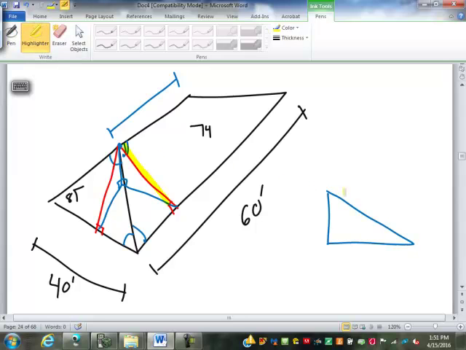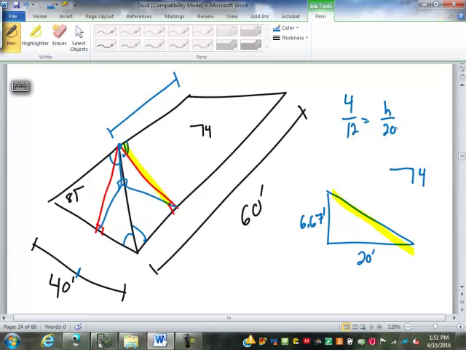So I know this bottom here is 20 feet, half of this, right? And this is a 4/12 slope, which makes this a 6.67 foot height. 4 over 12 equals h over 20. Cross multiply and divide will give you 6.67.